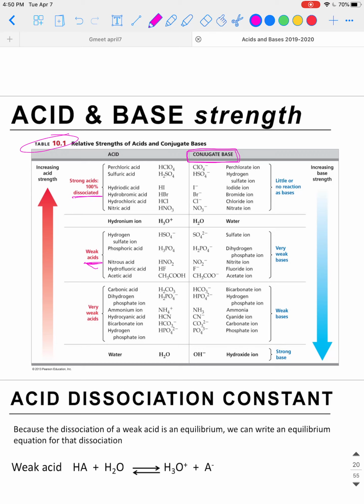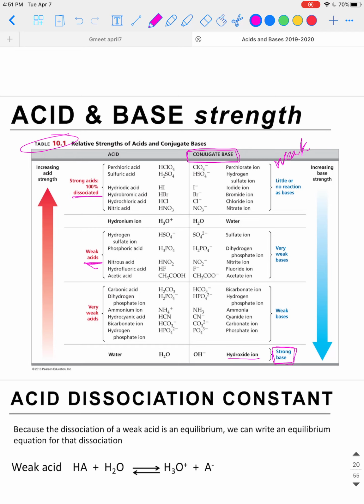At the top of this table, we have weak bases. All right. And as you go down, the arrow gets darker and darker. And at the bottom of the table, we have our strongest base we know, which, as we've mentioned, is the hydroxide ion. One thing to point out here is that the stronger your acid is, the weaker its conjugate base.